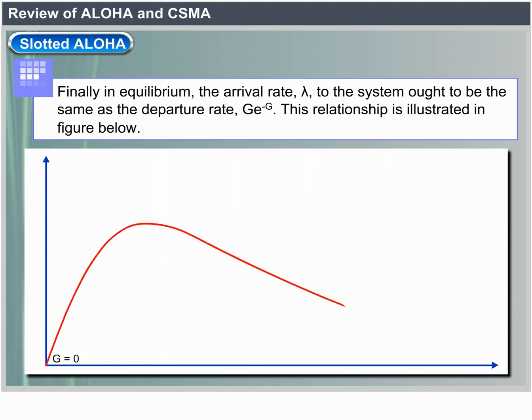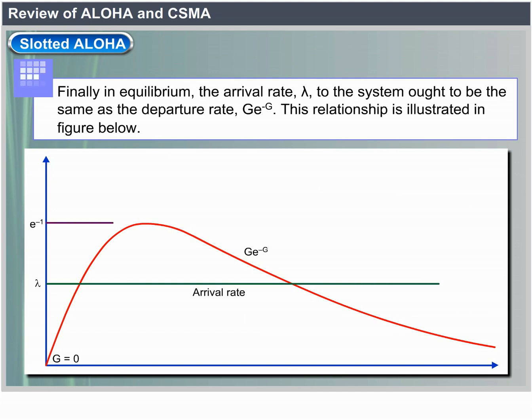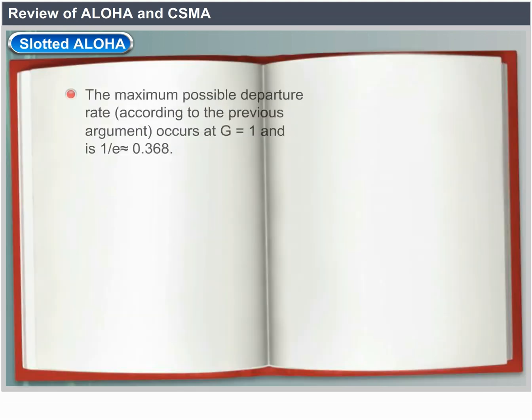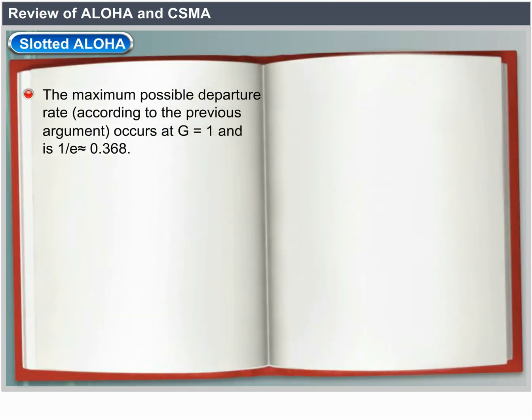This relationship is illustrated in the figure below. The maximum possible departure rate, according to the previous argument, occurs at g equal to 1 and is 1/e, approximately equal to 0.368.